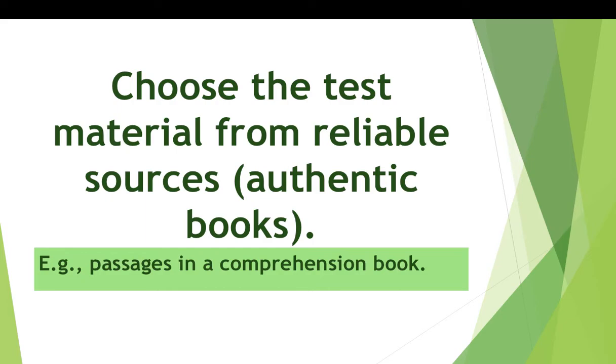Another point is to choose the test material from reliable sources, authentic books. For example, the passages in comprehension exams, if not taken from the textbook itself, should be chosen from reliable sources to guarantee their language, grammar, vocabulary, spelling, and the information mentioned.